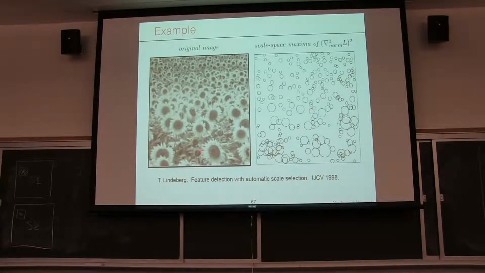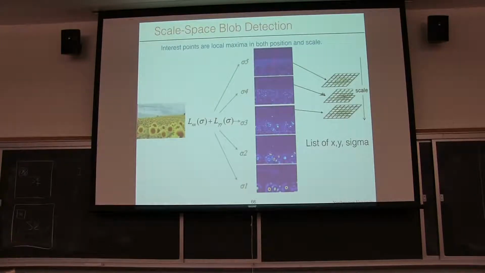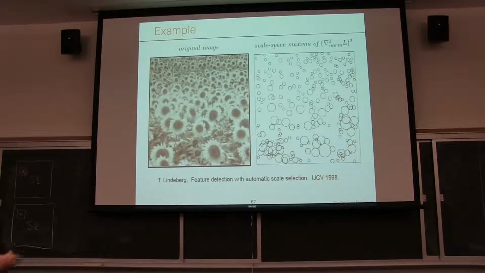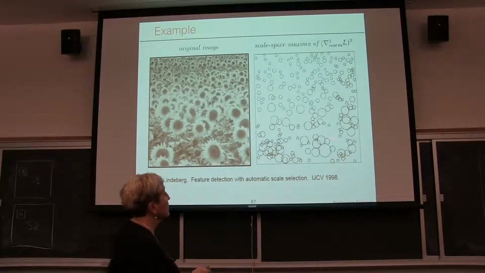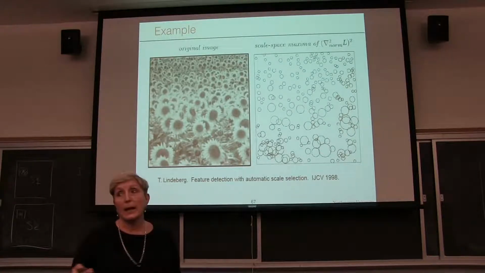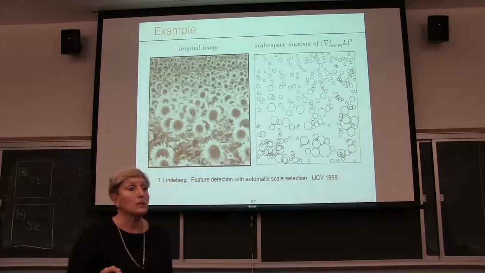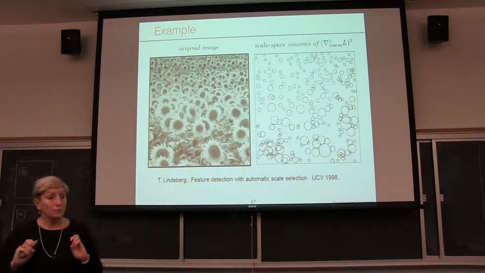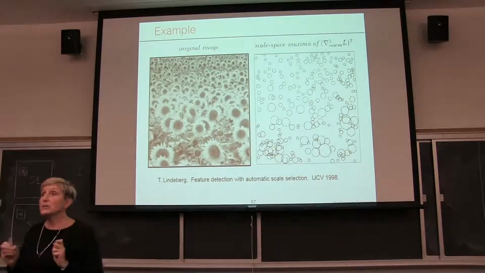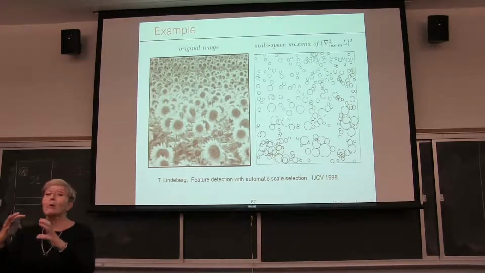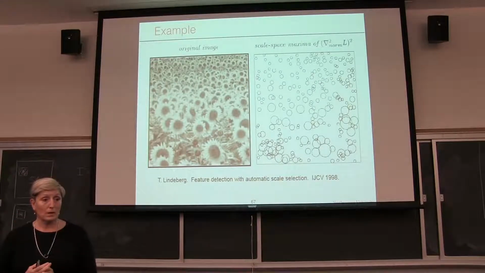So here's the original image, and here is a representation of all those features found in just one single image. I went from one to many, and now from this many, I can go back to one. Each circle over here means that at the center of that circle, I have an interesting feature, and the size of the circle says the scale that was important around that thing.